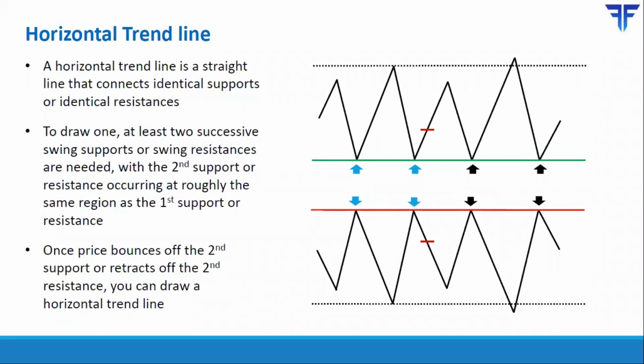Similarly, a horizontal trend line, which is a straight line that is neither sloping up nor sloping down, tells you that neither the bulls nor the bears are in control and the market is in a sort of equilibrium. Again, in order to draw a horizontal trend line, all you need is two successive swing lows or two successive swing highs.